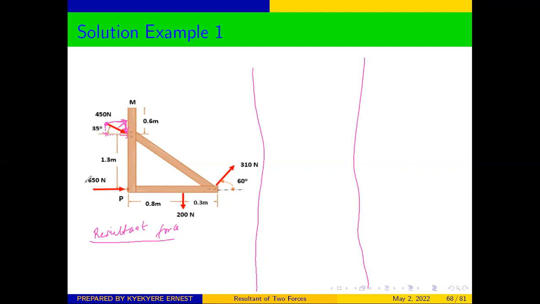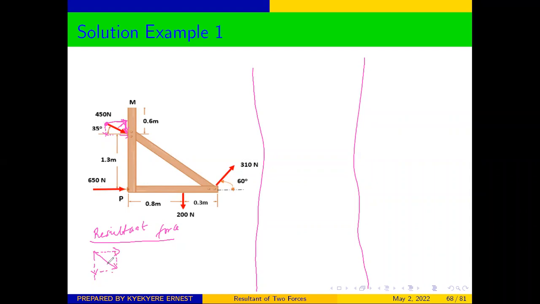So it means that if we draw that force diagram, we are going to get something like this. And this will be our Y, and this will be our X.